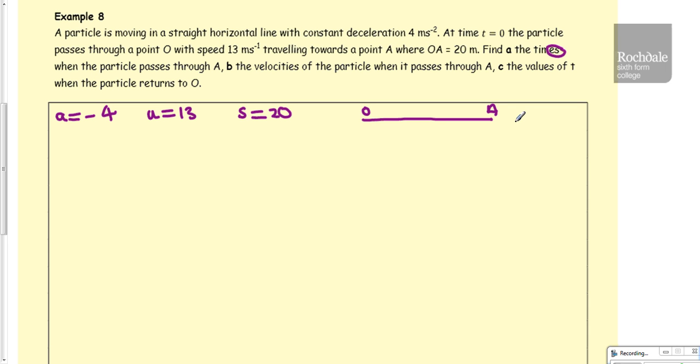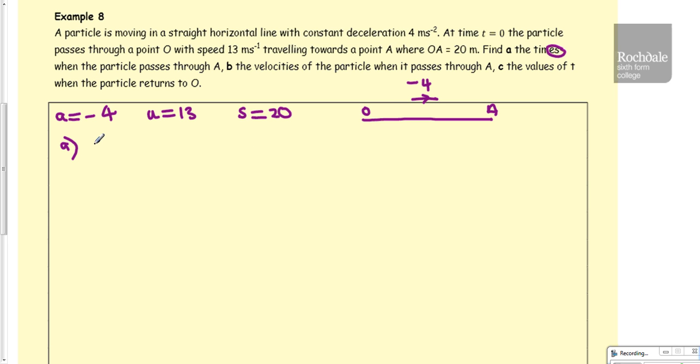And then because it's got a deceleration in the direction OA, it would come to rest somewhere over to the right of A, and then start moving back in the direction of O. In other words, it's wanting to move backwards towards O. So we're probably going to get 2 times where it passes through A, once in each direction. So let's have a look.